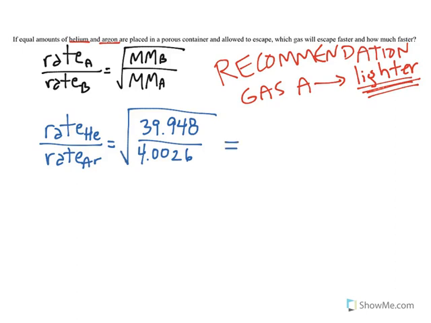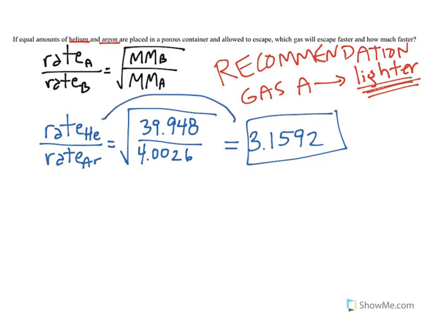If we compute that, we get 3.1592. And guess what? That number tells us how many times this top gas travels compared to the lower gas.